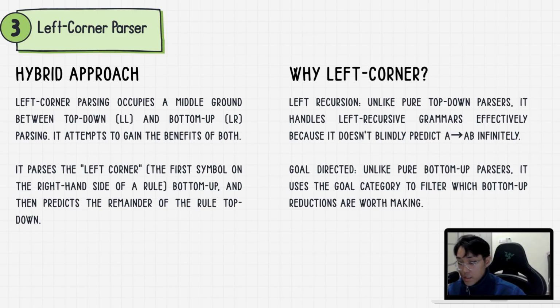Another advantage is that it's goal directed. Unlike pure bottom-up parsers that try every possible reduction, the left corner parser uses the goal category to guide which reductions are meaningful, making the process more efficient. Overall, the left corner approach offers a good balance between prediction and recognition.